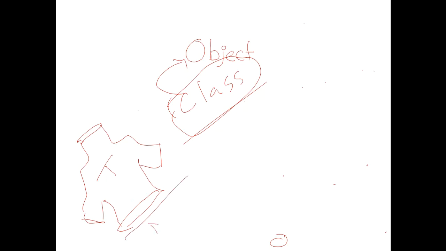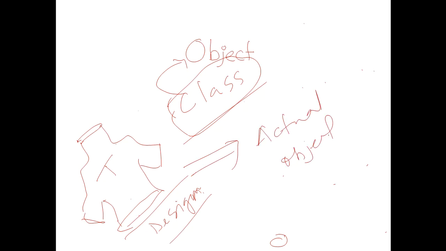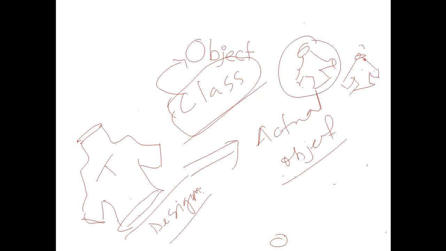So this is actually the design. Sometimes we can say the class is the design, the blueprint from which we create the actual object. You can create as many t-shirts as you want, real t-shirts. So class is not a really existing thing; it is the idea from which you will create a t-shirt. I have drawn two t-shirts here, you can create many more. These are the really existing objects and this is the blueprint.